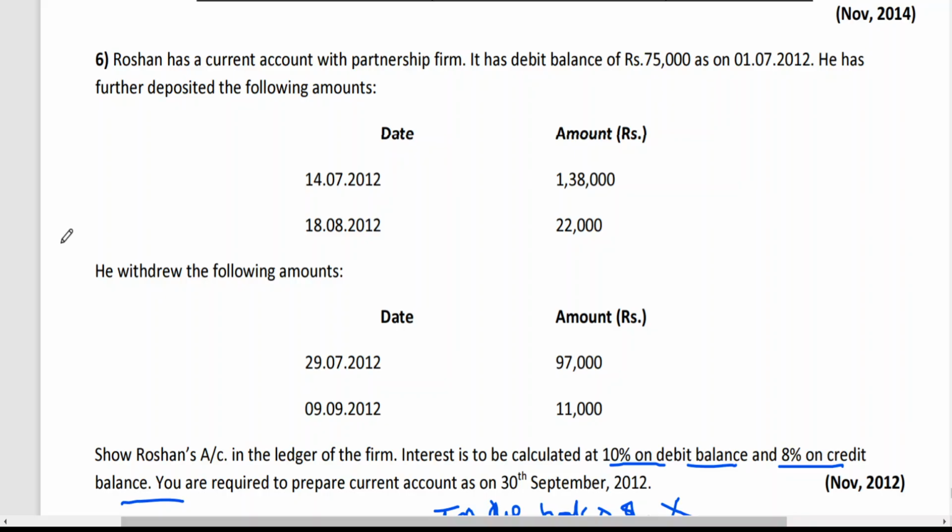Show Roshan account in ledger means in the books of partnership you are preparing Roshan account.